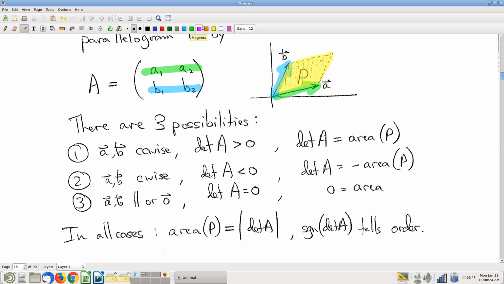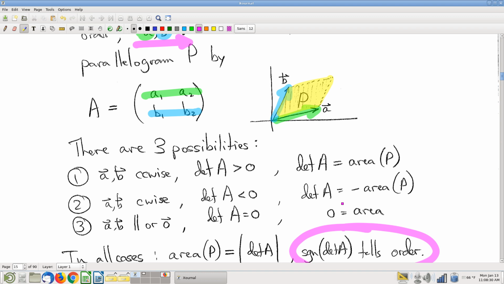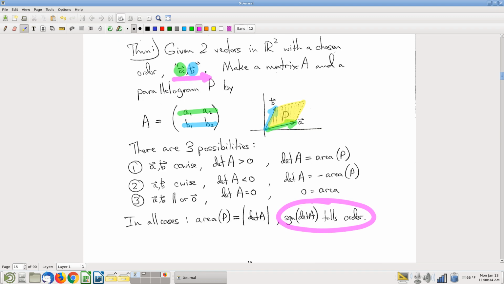You could look at the sign itself, the plus or the minus of that determinant, and that tells you the order. Let me add a notch here. That tells you this order. That tells you whether that's clockwise or counterclockwise. Positive means counterclockwise. Negative means clockwise.